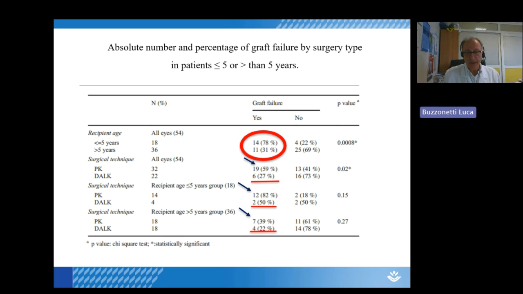About the surgical technique, for the whole sample evaluated, we recorded a statistical difference between PK and DALK, with PK worse than DALK. But analyzing the patients as a function of age, we did not observe a significant difference, but in the individual cases, DALK always resulted the best surgical choice.